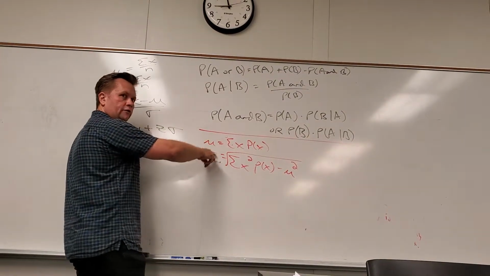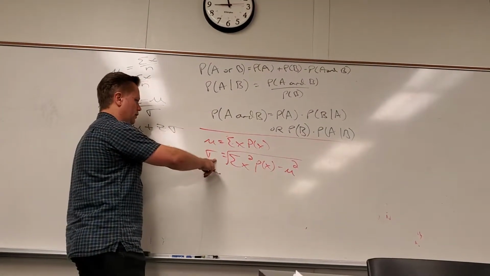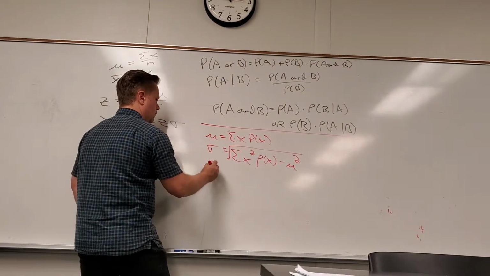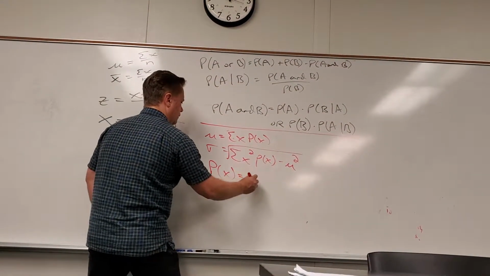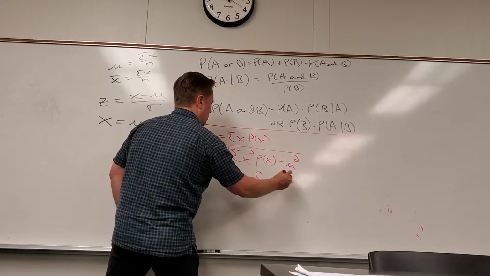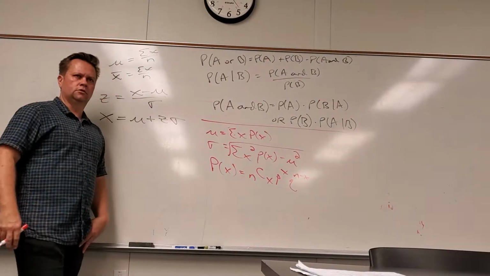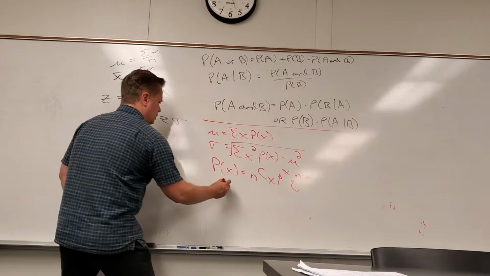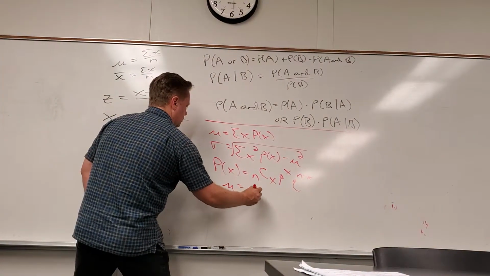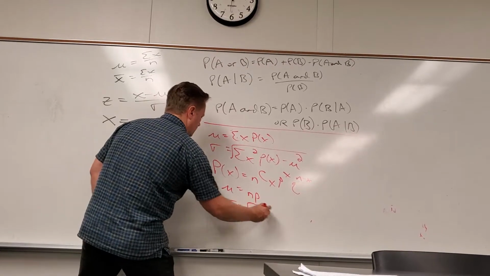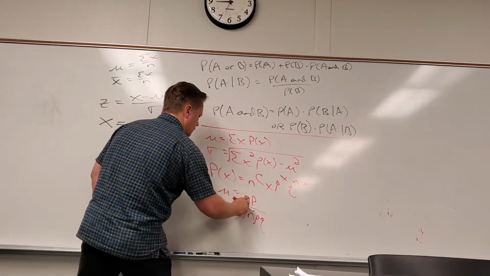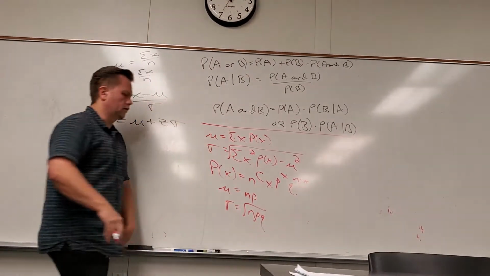So that was the first part of chapter 4. Then we got into binomial stuff. That should look very familiar. And then we got the best mean and the best standard deviation formula ever.